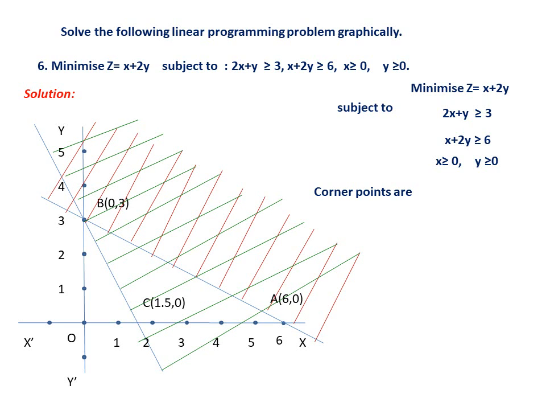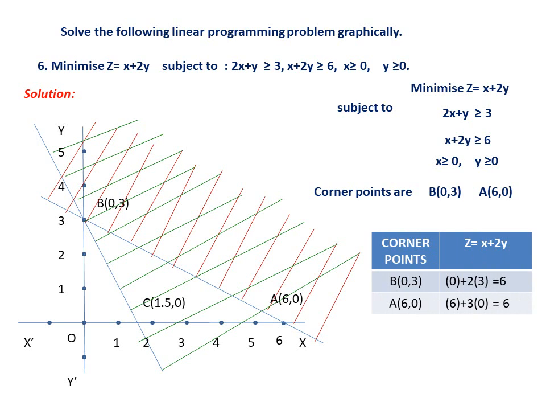Now it is very clear. Corner points you can identify. One is B(0,3). Another one is A(6,0), only two corner points. Therefore, you have to check corner points B(0,3) and A(6,0). So 6 and 6, both are giving the same value. This is important. Minimum is attained at all points on the line x plus 2y equals 6.